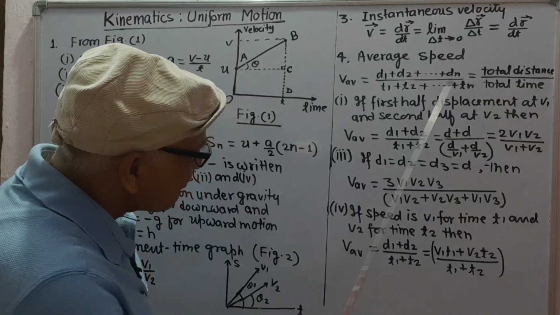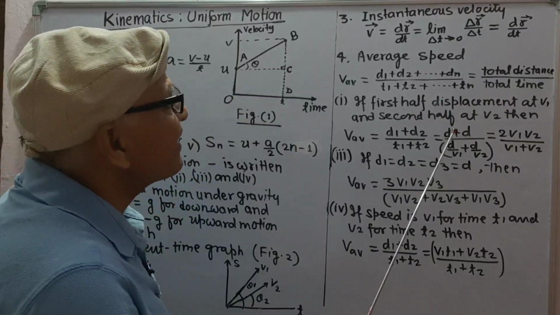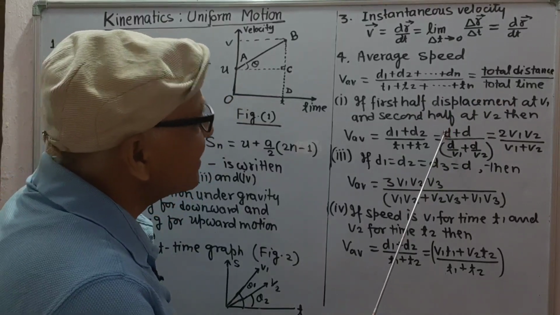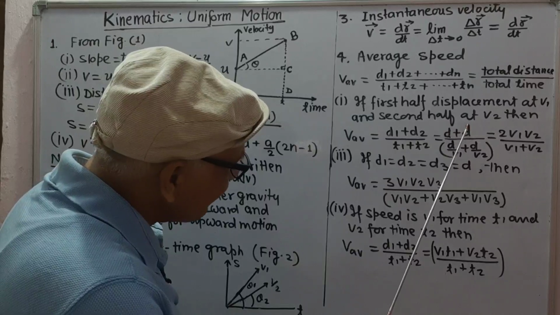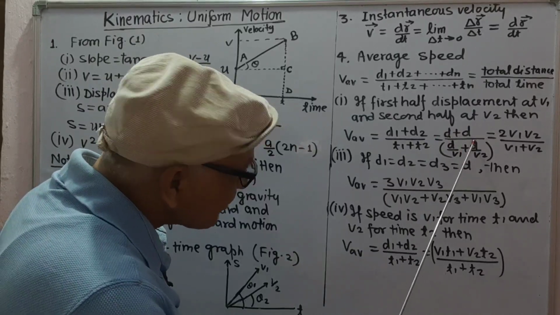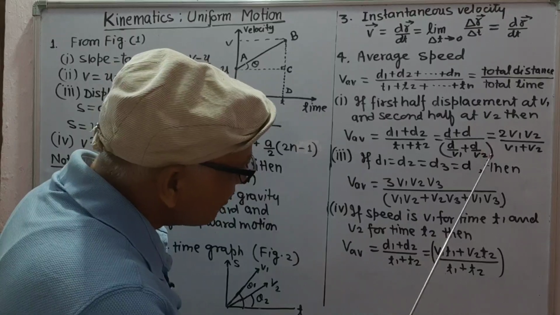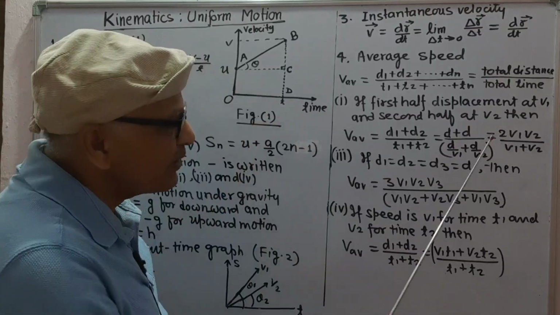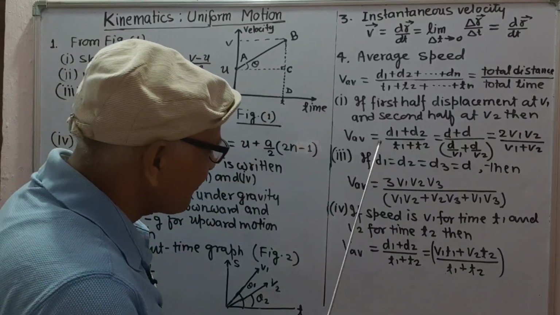Because both half displacements are equal, suppose equal to d, then d plus d upon t1 plus t2, where t1 is equal to d upon v1 and t2 is equal to d upon v2, which gives 2 v1 v2 upon v1 plus v2.